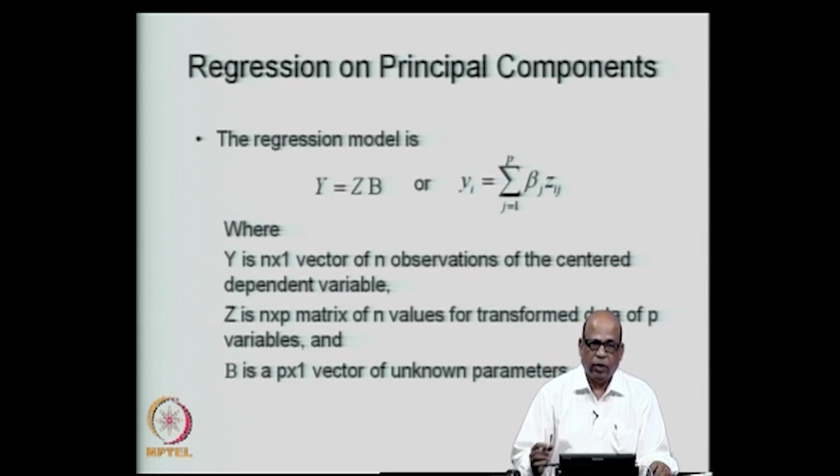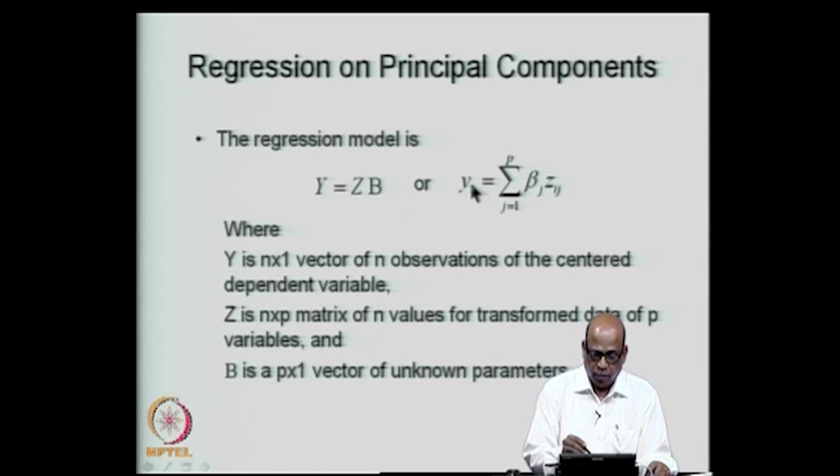Recall from the lecture before the previous one, where we discussed the multiple linear regression on how to obtain these unknown parameters for a multiple linear regression. Exactly the same procedure we follow here, and then obtain the betas.